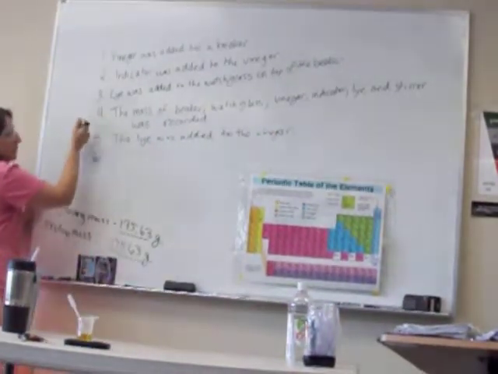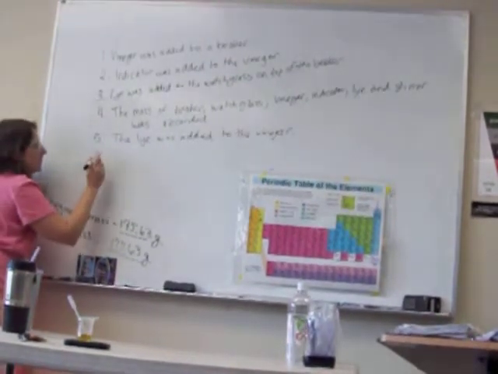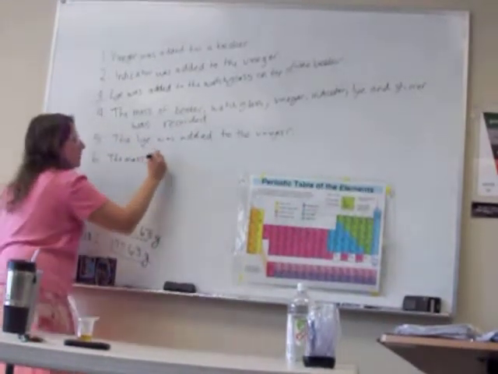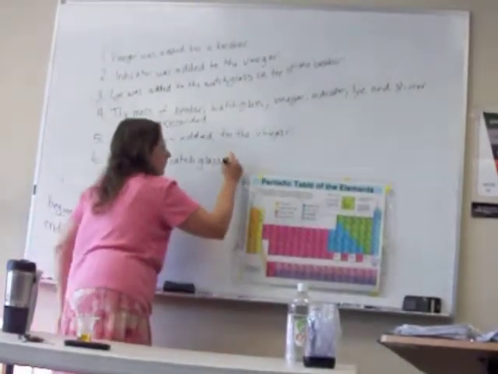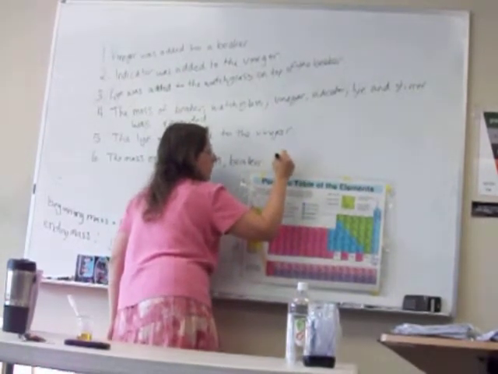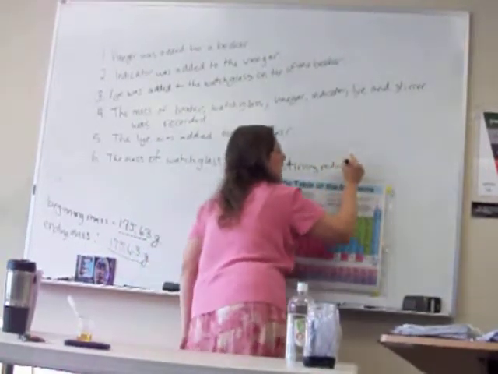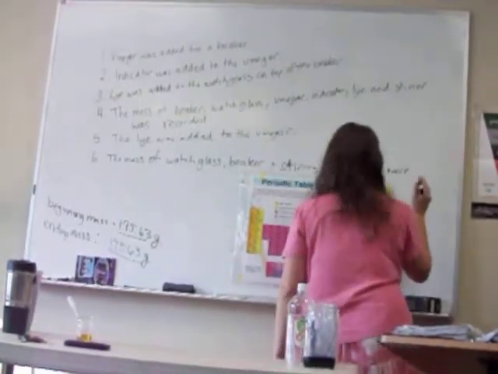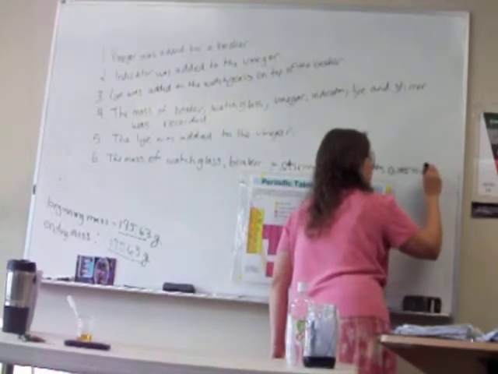And then essentially we repeated step 4, the mass of watch glass, beaker, and stirring rod, and contents, where the mass was measured or recorded.